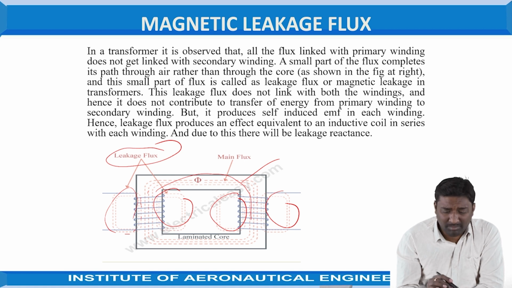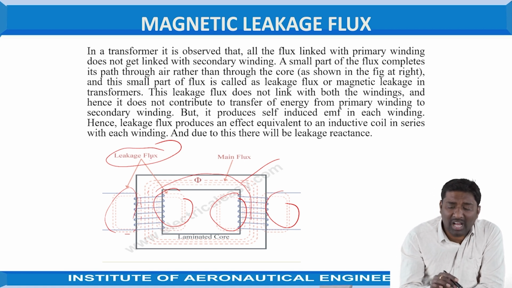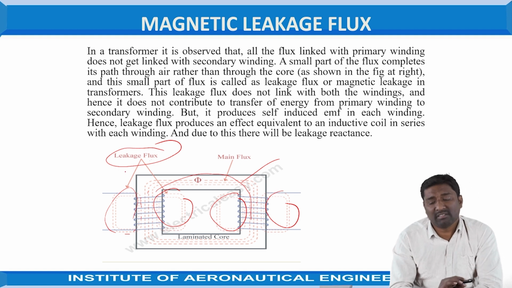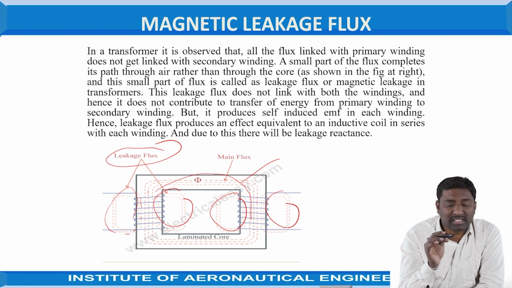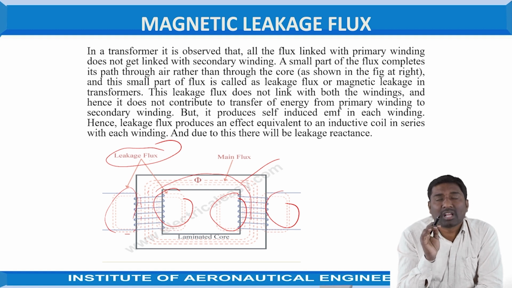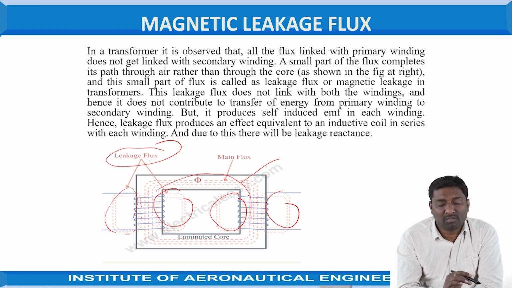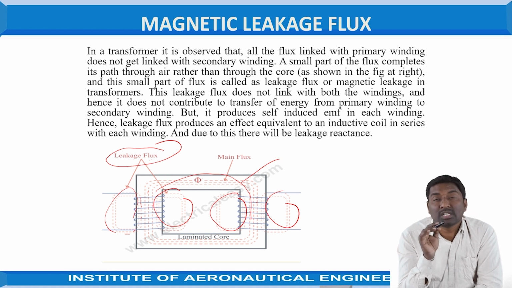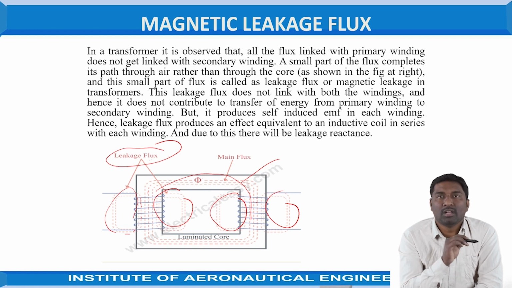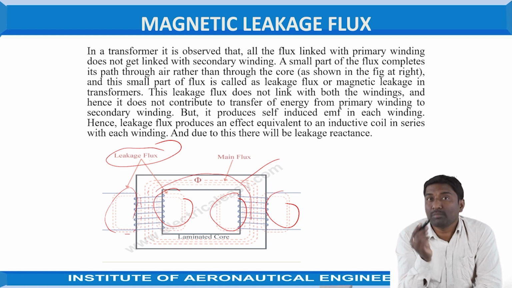Okay. So this leakage flux does not link with both the windings, either primary winding or the secondary winding. Hence it does not contribute to transferring the energy from primary to the secondary winding, but it produces a self-induced EMF in each winding. The transformer works on the principle of mutual induction.